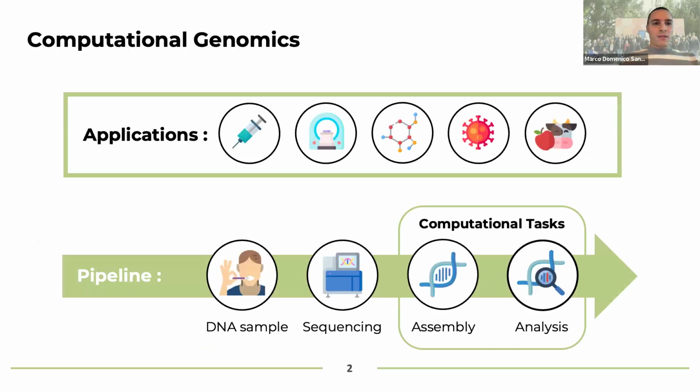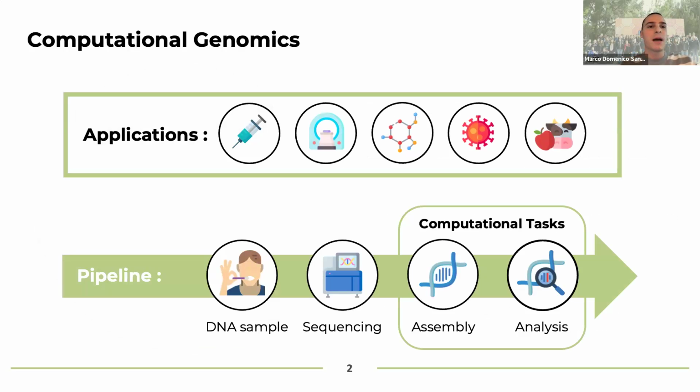So, talking about computational genomics, everybody knows that this field has gained great importance in different contexts, ranging from personalized medicine to radiomics, to metabolomics, the livestock and feedstock industries, and many other contexts.